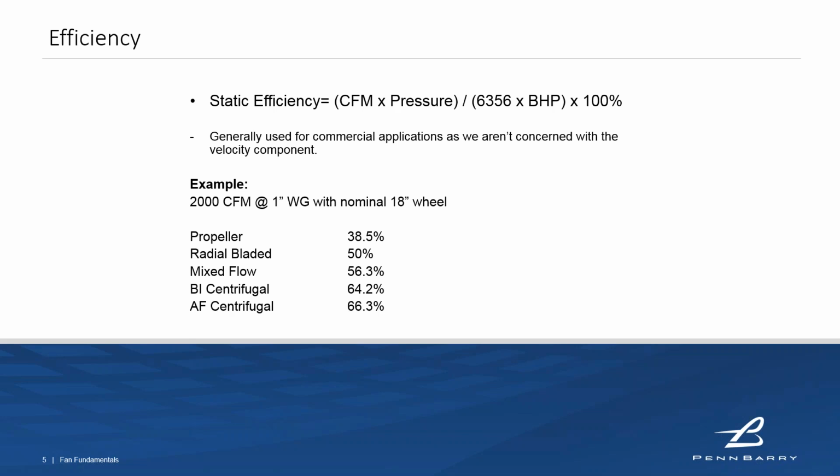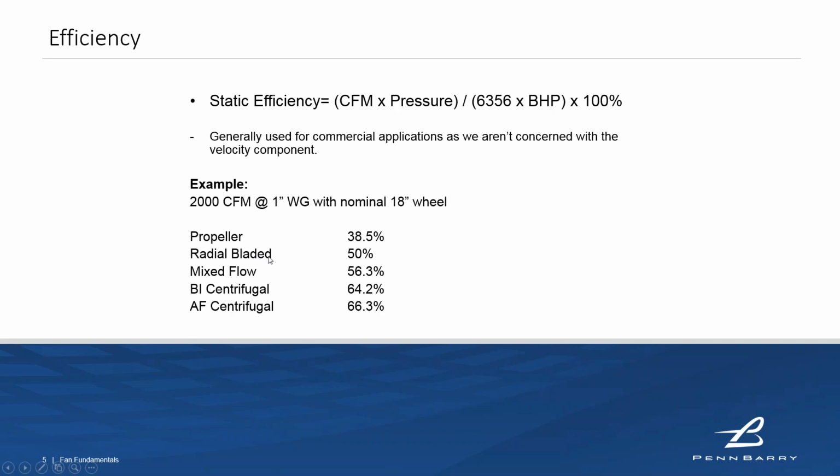In an industrial application, one might be concerned about the velocity exiting or entering the fan, because you may be trying to move something with that air or accomplish work. In a commercial sense, as long as the air moves through the system, we're fine. We don't get any extra benefit from the velocity component. So we're going to use static efficiency as our metric.